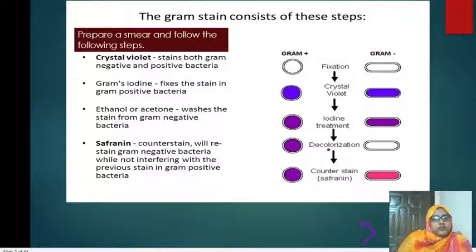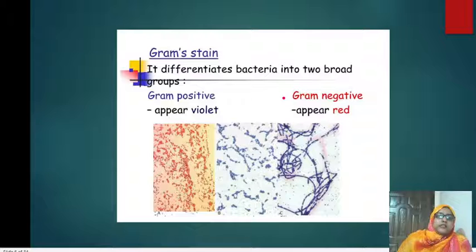Then we have a counter stain to restain gram negative bacteria, and gram negative bacteria will take the color pink or red. Hence we differentiate different colors under the microscope, as we will see in this slide. Gram positive will show like that, and then gram negative will appear like this.